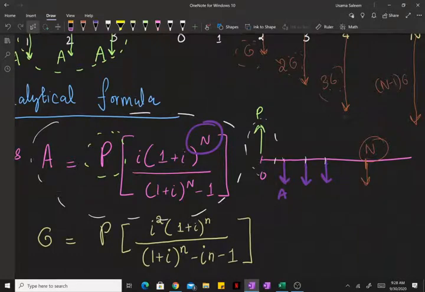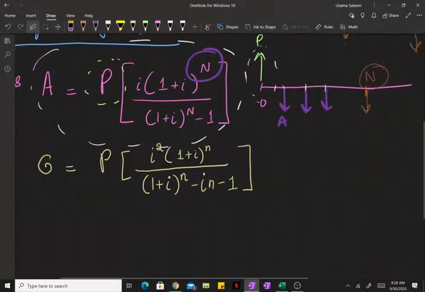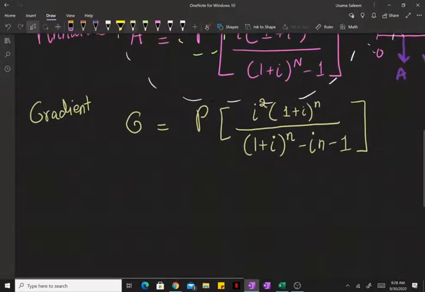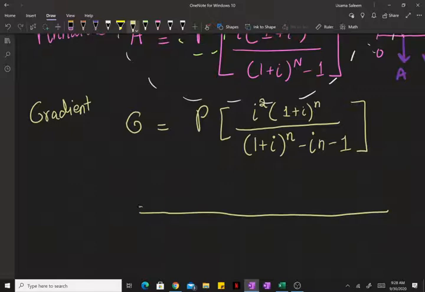So make sure that your cash flows have the right format, have the right setup before you start plugging and chugging. Similarly, for the second formula required to calculate the gradient payments, you also need your cash flows to be set up in such a way that at year zero, you take the payment, and at year one, there is no payment. Keep that in mind. At year one, there is no payment.